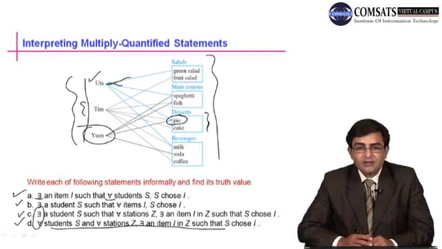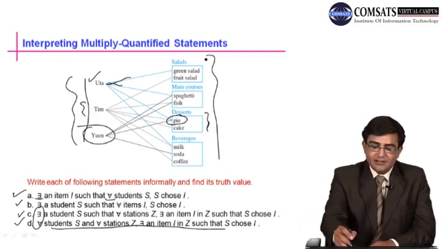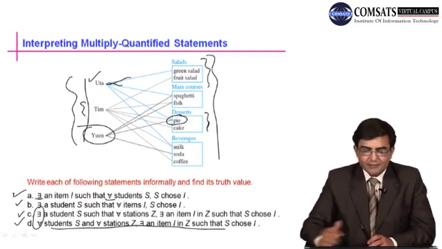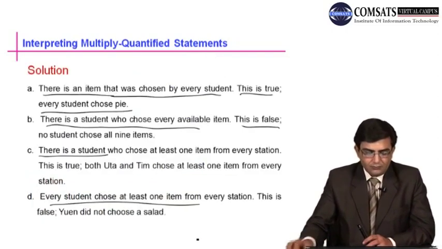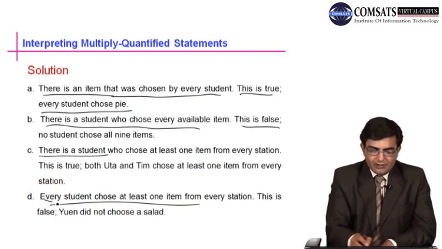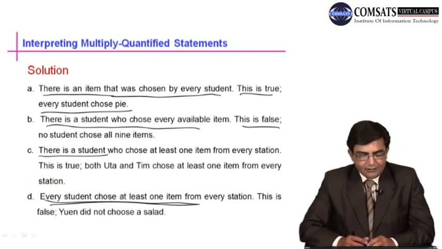So this is false because Yuan has not selected an item from the first station, salads. So this statement is false. Its informal version can be written as: every student chooses at least one item from every station. This statement is false because Yuan did not choose a salad.